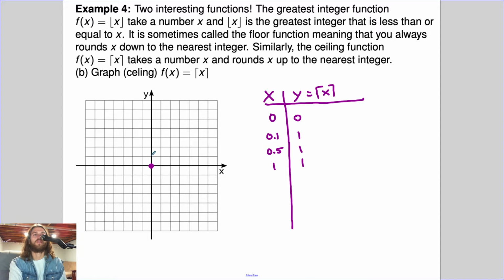This is actually an open circle at 0, because anything bigger than 0 is going to get rounded up to 1. Again, this pattern repeats. This is called the ceiling function. Those are open circles on the left, going to closed circles on the right. That pattern continues.